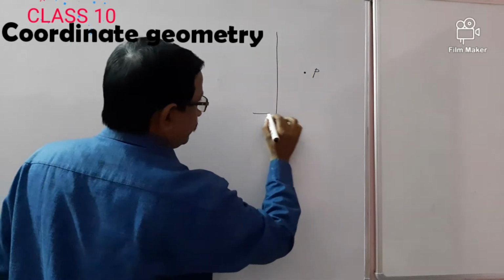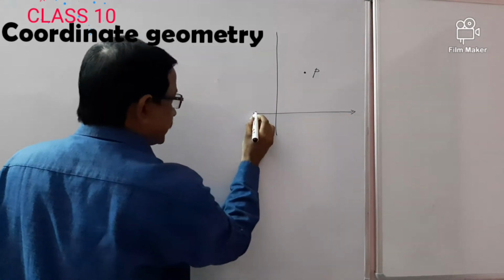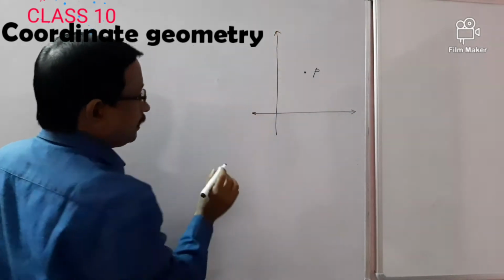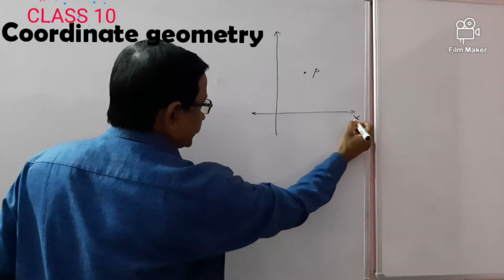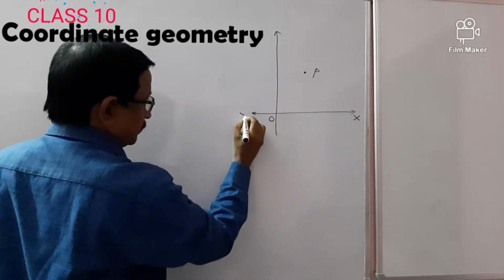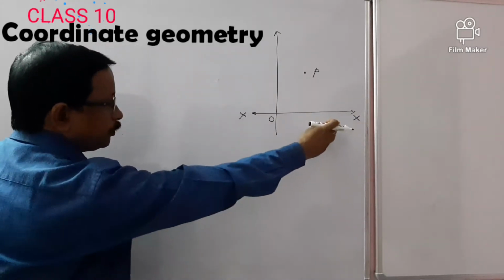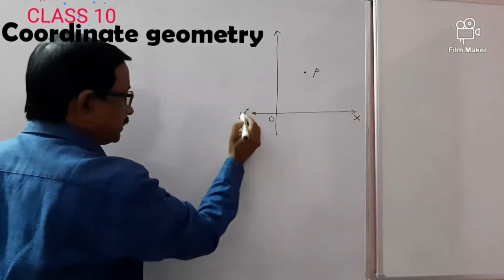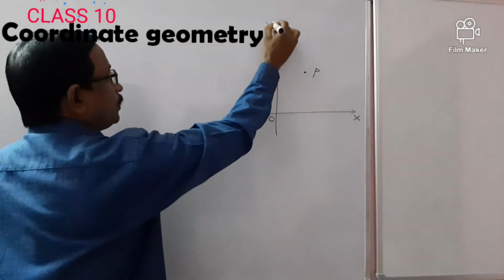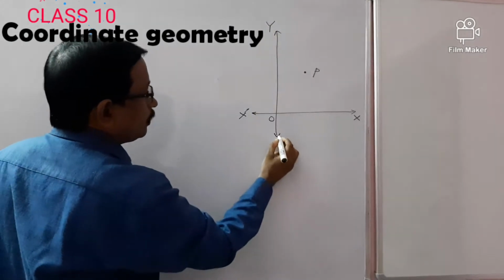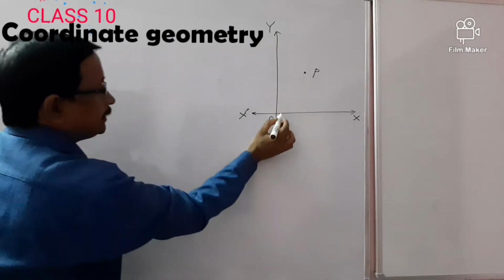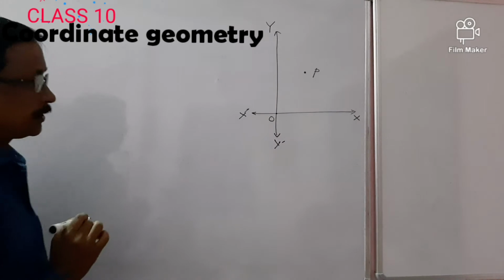We are considering two axis lines. One is the x-axis. By naming we know it as X'OX, and another one is Y'OY, and this one is known as the origin.